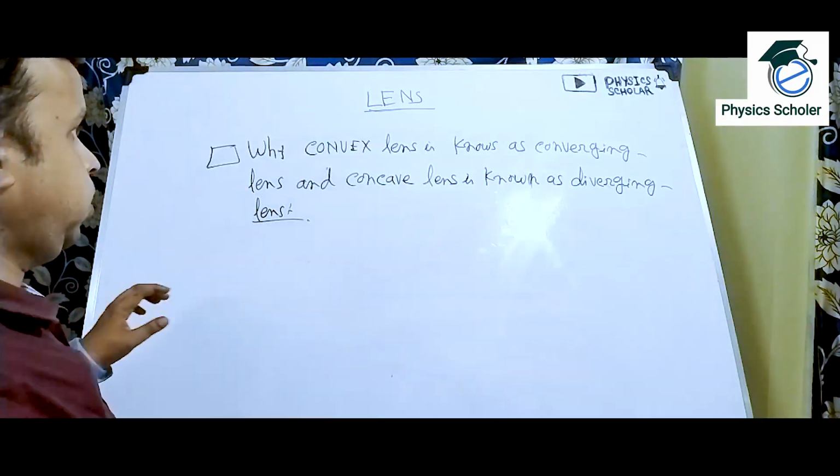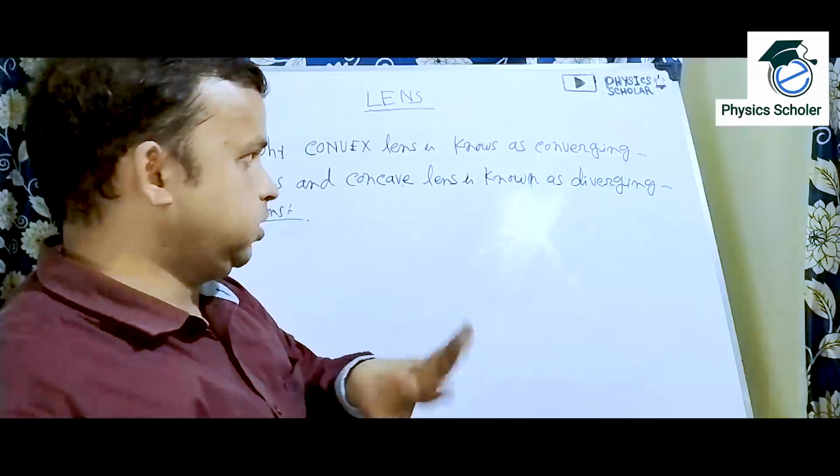Okay, so that means what? Why is a convex lens a converging lens and a concave lens a diverging lens?